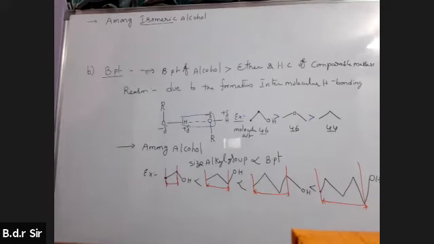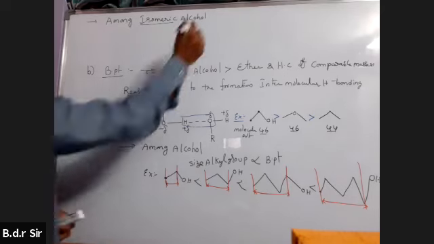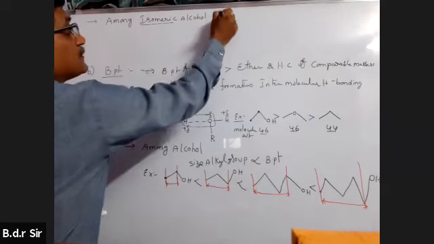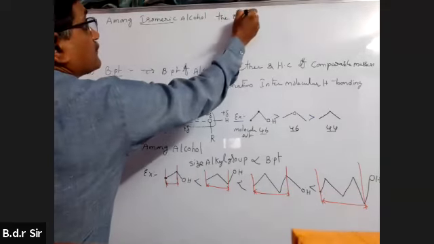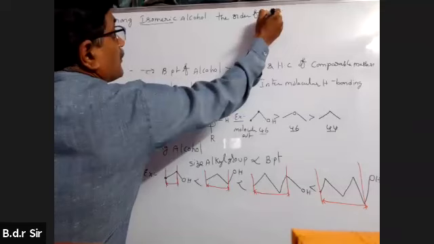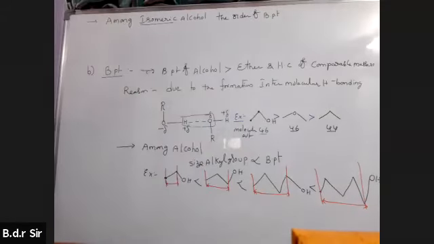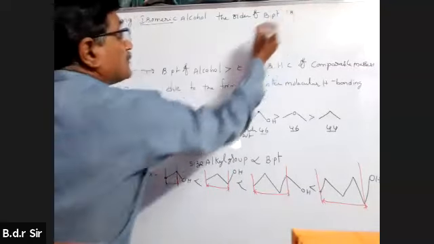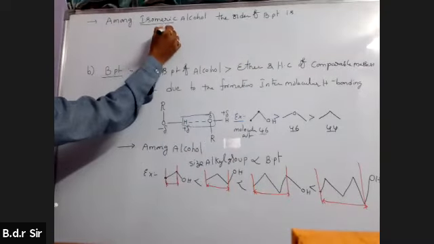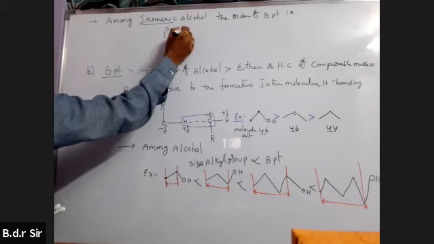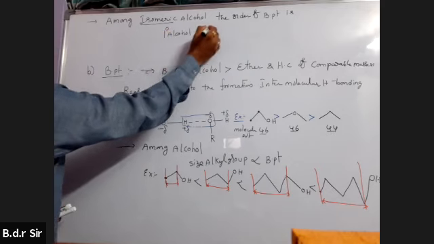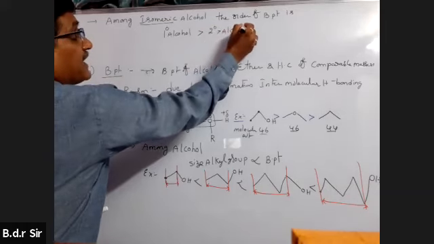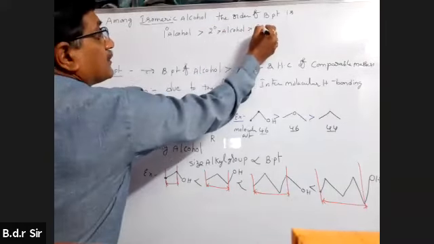Among isomeric alcohols, the order of boiling point of alcohol is primary alcohol greater than secondary alcohol greater than tertiary alcohol.